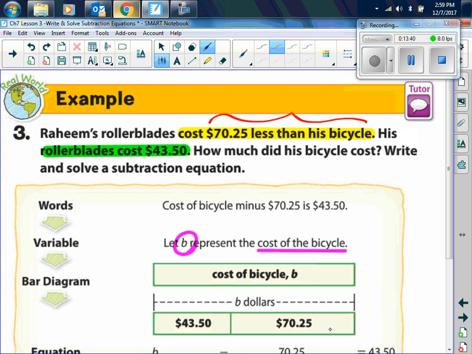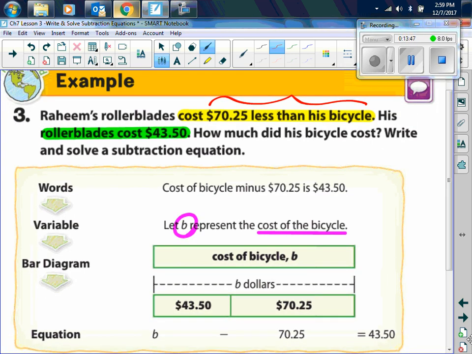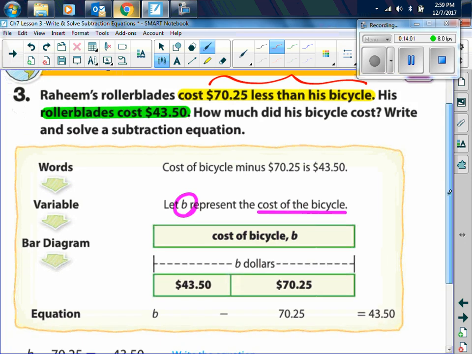So now, how do I write $70.25 less than his bicycle? That is correct. So we're going to write B minus $70.25, and that's going to be equal to the cost of the rollerblades. Right? So that's going to be $43.50. So now we have our equation. Now we can solve it.